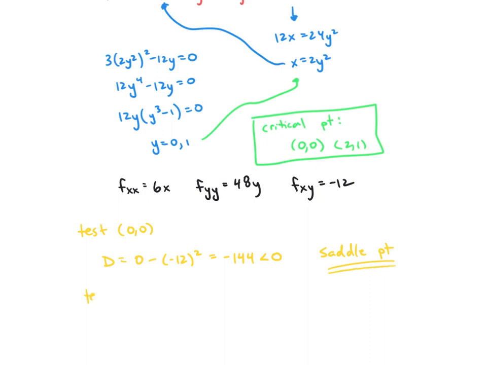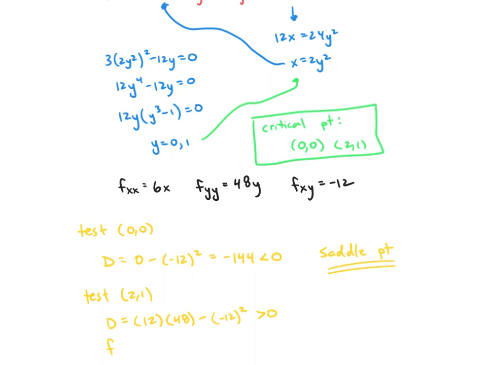Okay, next we're going to test 2, 1. And d is, let's see, that's going to be 6 times, nope, sorry, that's going to be 12 times 6, and we get 48 and minus negative 12 squared. I don't really want to do 12 times 48 right now without a calculator. All I know is that that is positive because 12 times 48 is larger than 144.